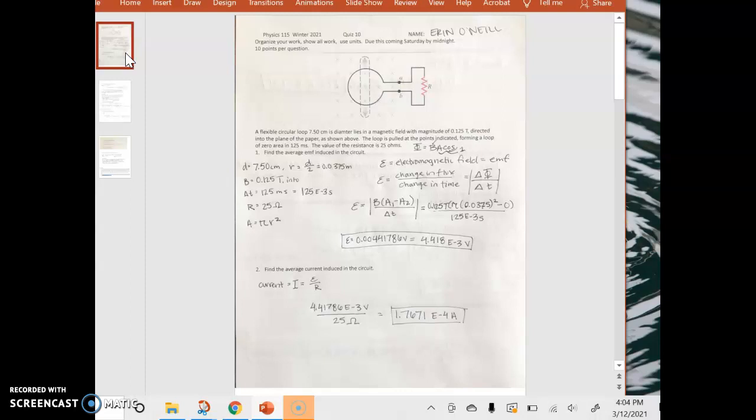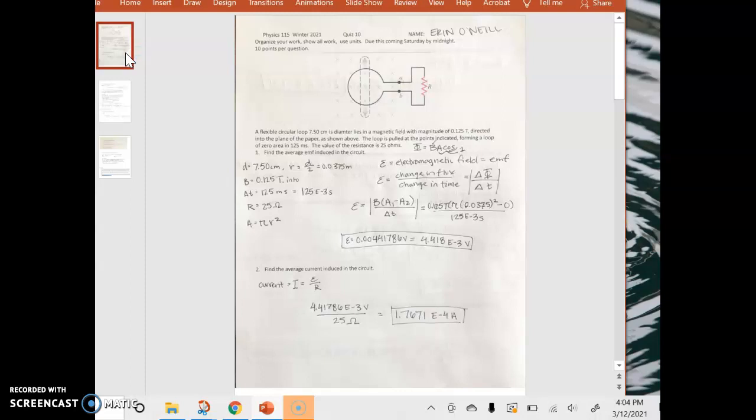So then plugged in, I already had B is 0.125 teslas, and then area 1 minus area 2. Area 2 is 0, so all I need to find is area 1, which is pi r squared.